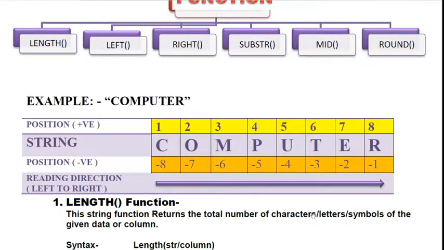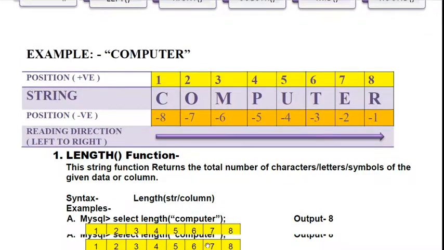The first function, length function. This string function returns the total number of characters, letters or symbols, the alphanumeric data, of the given data or column of any table. The syntax is length and within parenthesis string or column name.